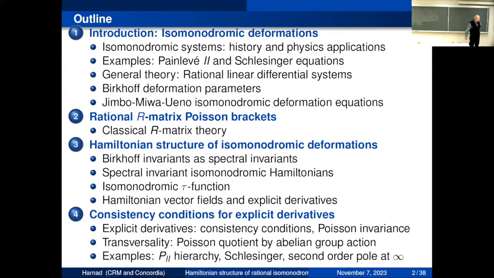So isomonodromic deformations generally are non-autonomous systems. They're sort of the non-autonomous cousins of autonomous systems, which also have the same Hamiltonian structure, but they're a good deal easier to deal with. And that is the main substance of the theory of integrable systems.